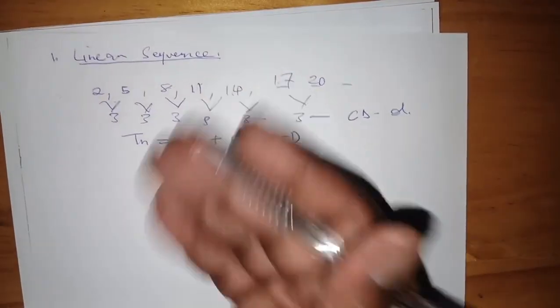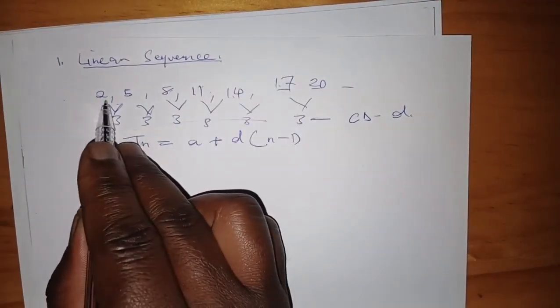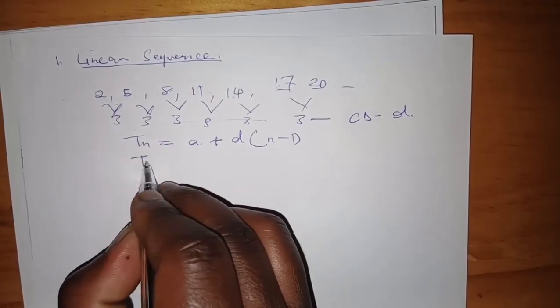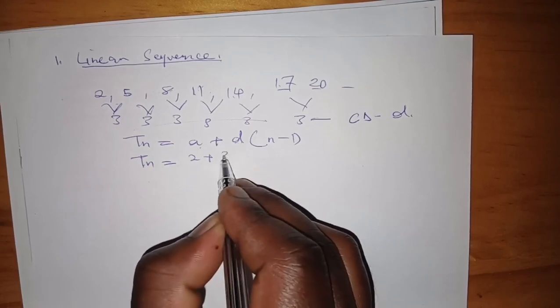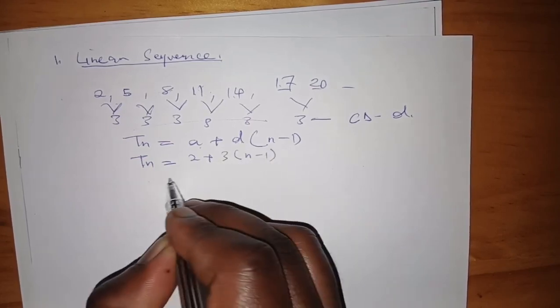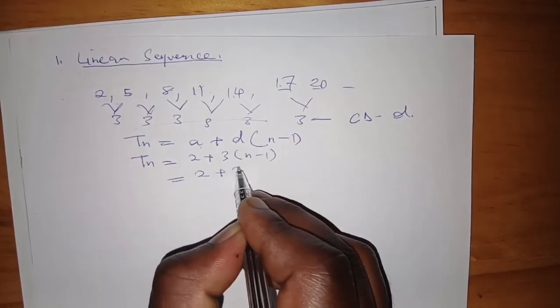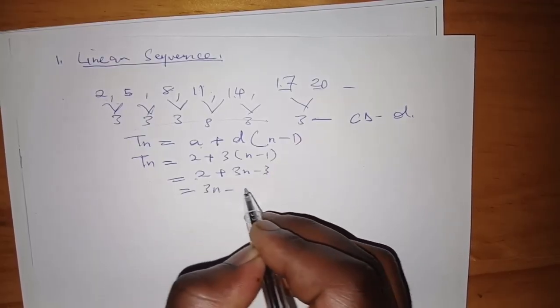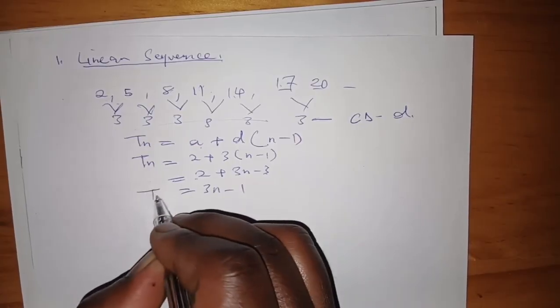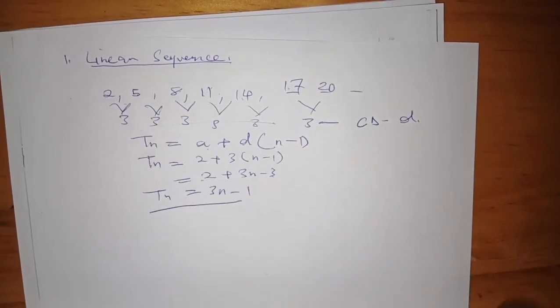For example, the general term for this sequence is Tn equals the first term 2 plus d, the difference 3, times n minus 1. Then to simplify, you're having 2 plus 3n minus 3, that's 3n minus 1. So that's the general term for that sequence.